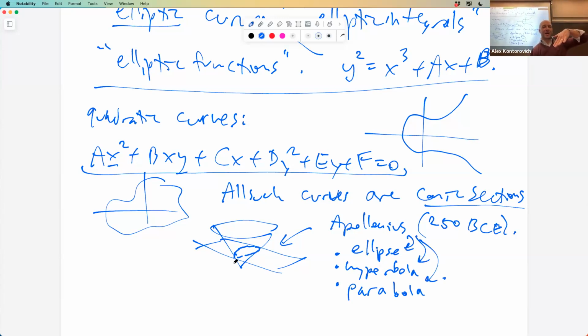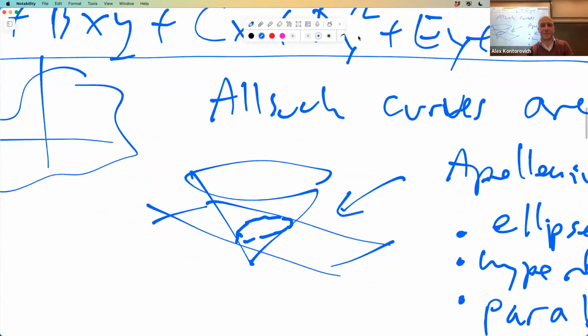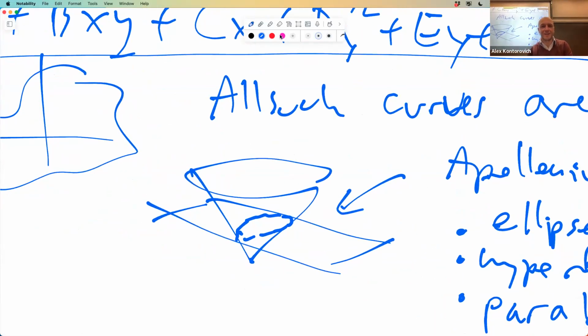If you cut with a plane that has less slope than the slope of the cone itself, you get an ellipse.